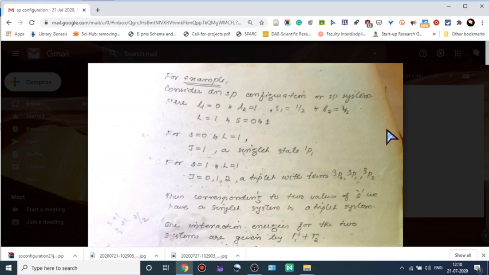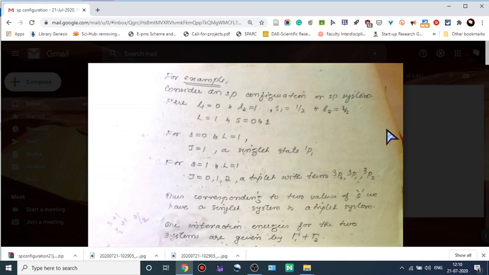For S equal to 1 and L equal to 1, obviously J is equal to 0, 1 and 2. So we will get a triplet term, where the multiplicity 2S plus 1 is equal to 3 for S equal to 1. So we get the terms 3P0, 3P1 and 3P2 for L equal to 1.